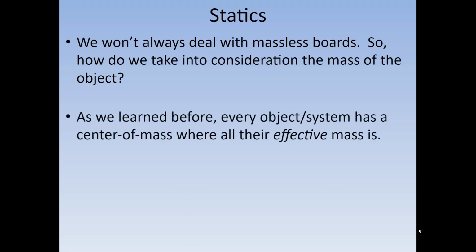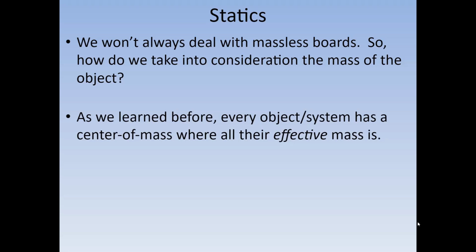Now we've talked about before how when you have an object in a system, typically the center of mass is considered where its effective mass is. If you're dealing with a problem, for an object that encompasses three-dimensional space, what you can actually do is just think about all of its mass being placed at its center, and then imagine the forces acting like that.